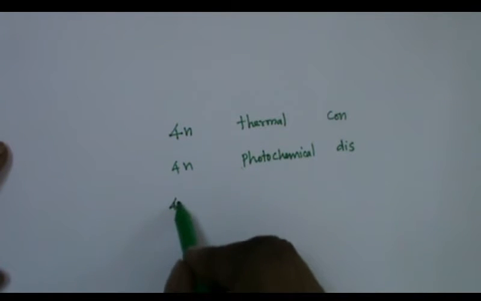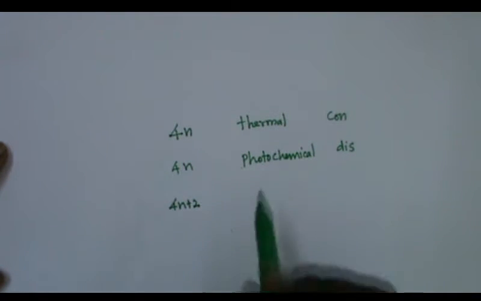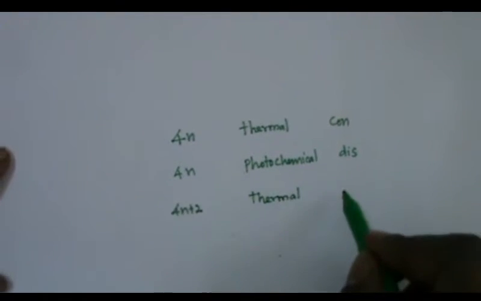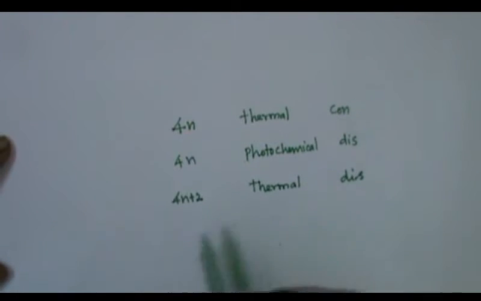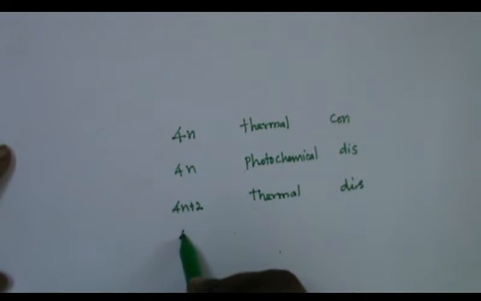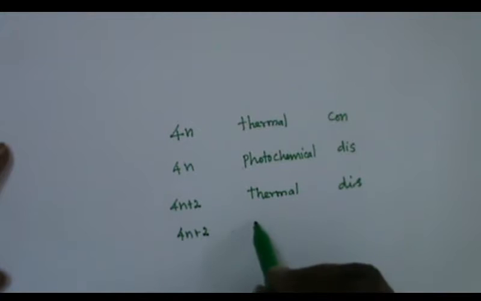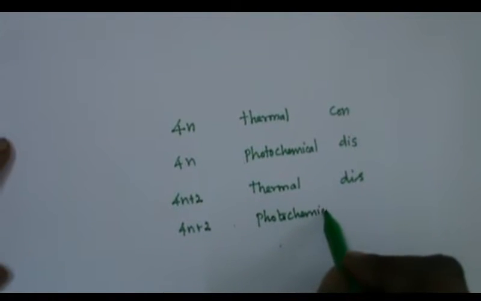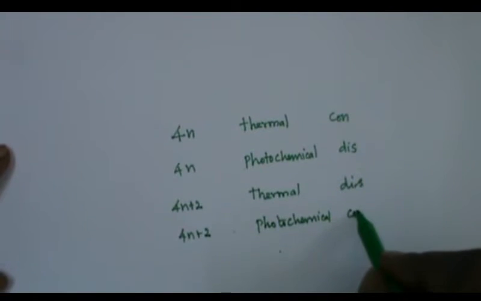Now 4N plus 2 system, thermal, it undergoes disrotation. Same 4N plus 2 system under photochemical condition undergoes conrotation.